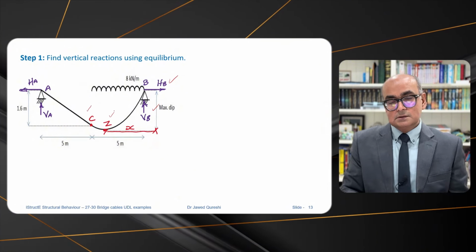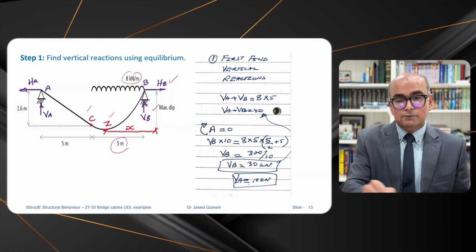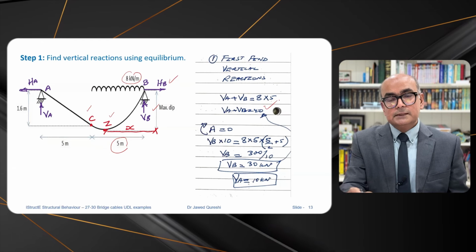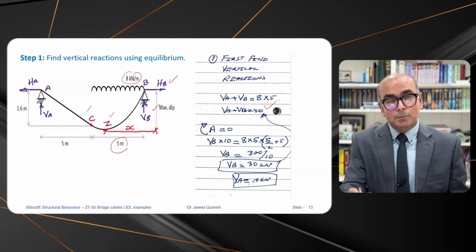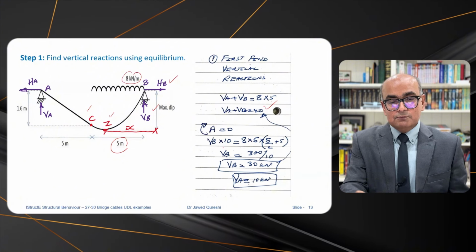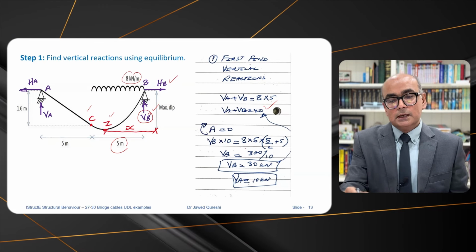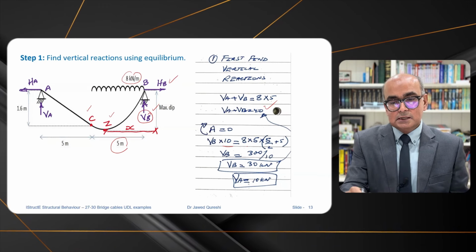So first we say that the total vertical reactions are equal to 8 times 5, which is 40, and then we say summation of moment at A is equal to 0. From here we say VB times 10. VB is this one, and the distance between A and B is 10.